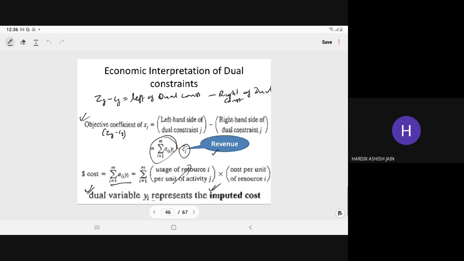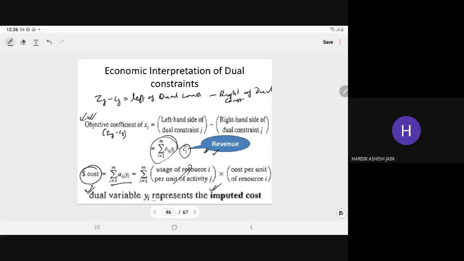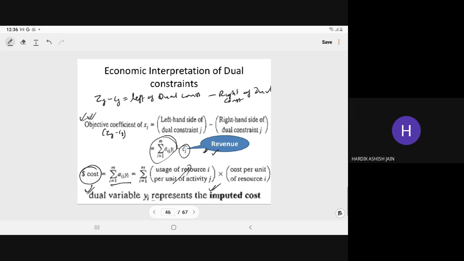And here we have the Cj. If it is the revenue, then Zj minus Cj is what? It is the Z coefficient which you have to maximize.